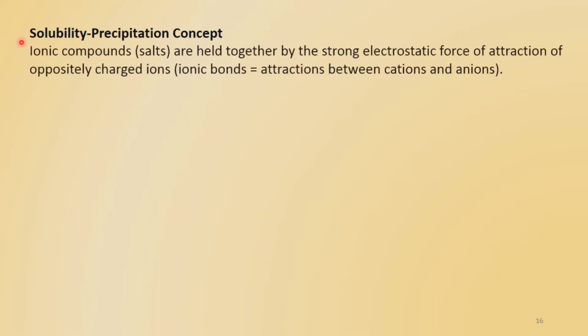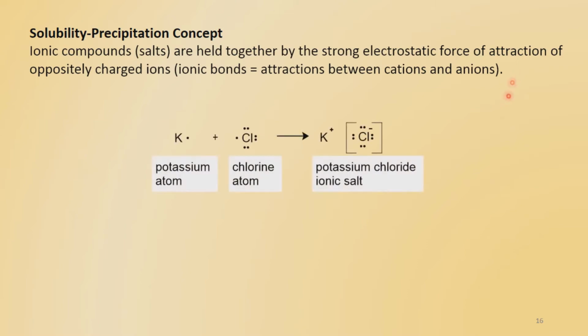before we get there, and that's the solubility precipitation concept. Ionic compounds, that is, salts, are held together by strong electrostatic forces of attraction of oppositely charged ions. And that's what ionic bonds are, the attraction between cations and anions. So look at the formation of potassium chloride, an ionic salt.